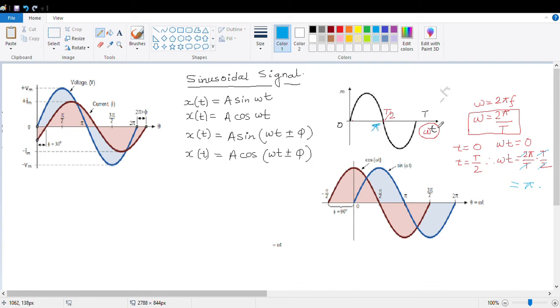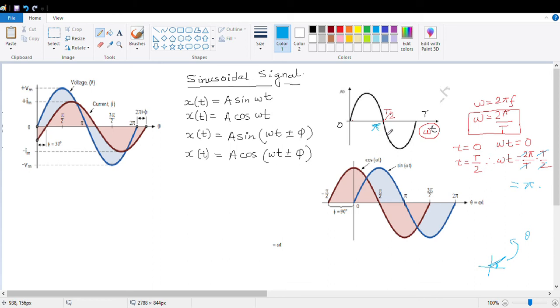Initially it was in a time scale. We are changing it basically to omega t. You know that omega t is equal to theta. Theta is actually a moving angle, so this angle can be expressed in radians.